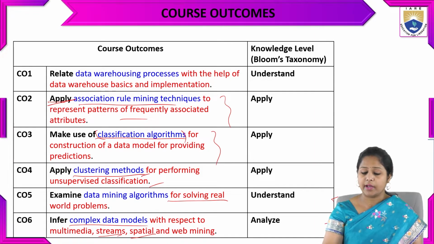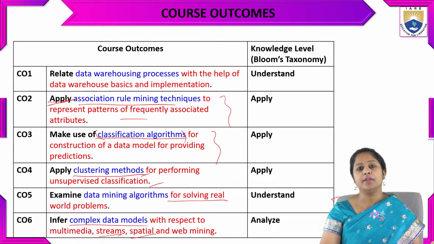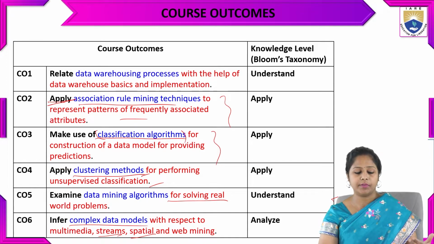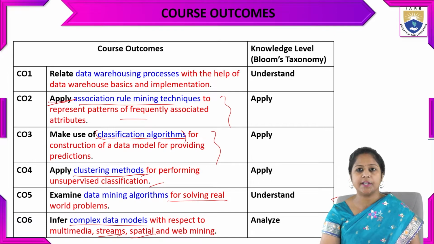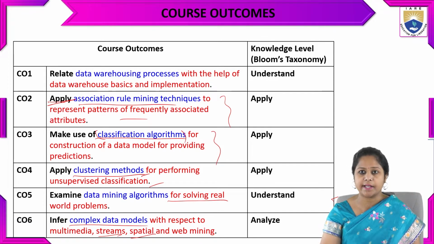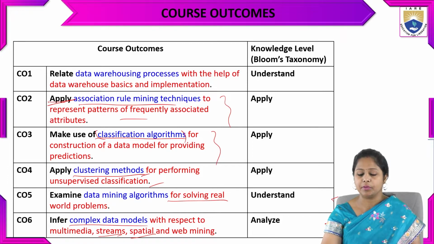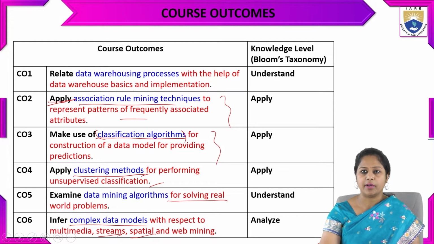So on the knowledge level of Bloom's taxonomy, the student is going to analyze the complex data models in the industry for some of the live data streams, that is live multimedia, the geographical data, the web data, that is coming from the live data, right? So on that level of Bloom's taxonomy, he is going to apply the analyze level of knowledge.